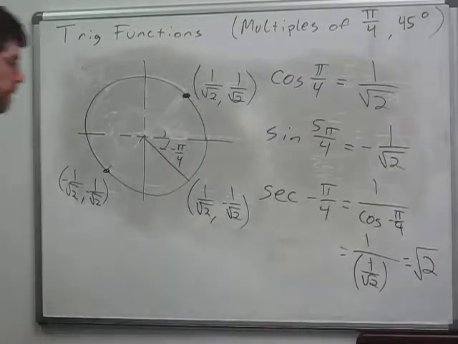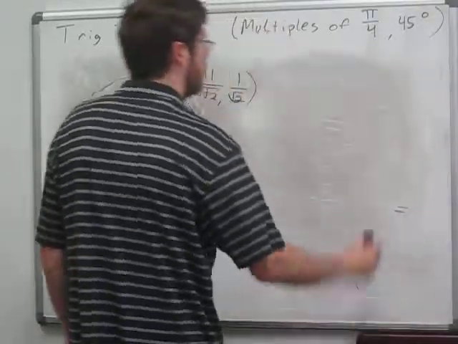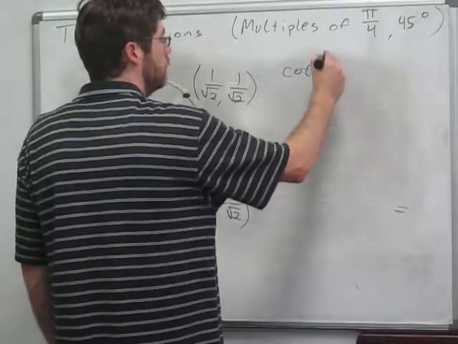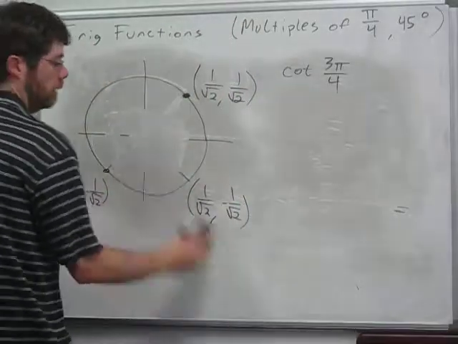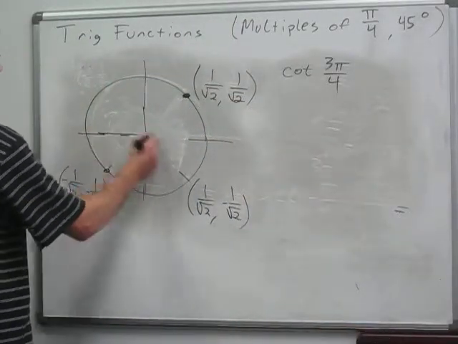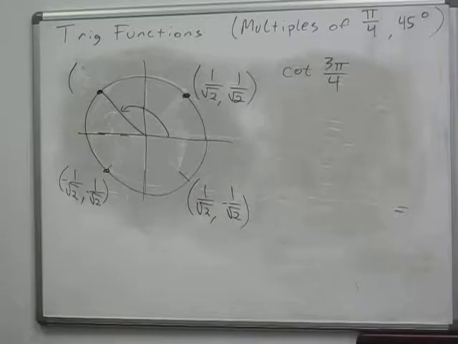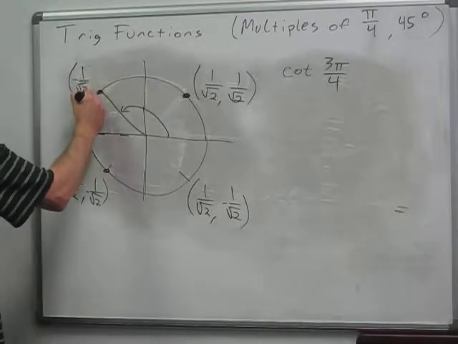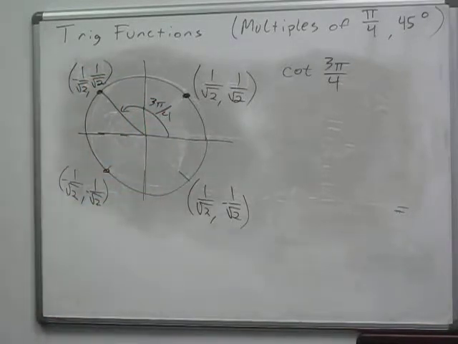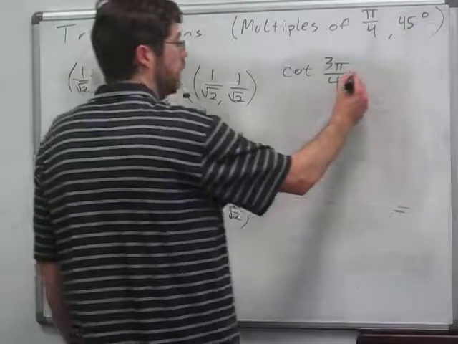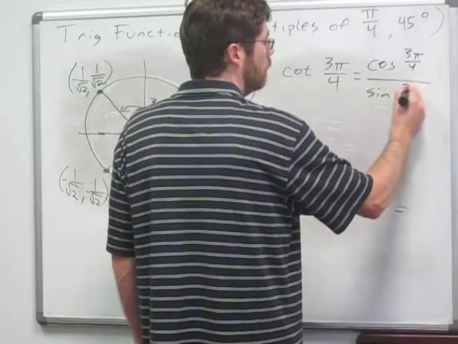Okay. Let's do one more. Let's go ahead and do cotangent of 3 pi over 4. So 3 pi over 4 brings me into quadrant 2. The point out here is negative 1 over radical 2, 1 over radical 2. Right. Cotangent, we are thinking cosine over the sine.